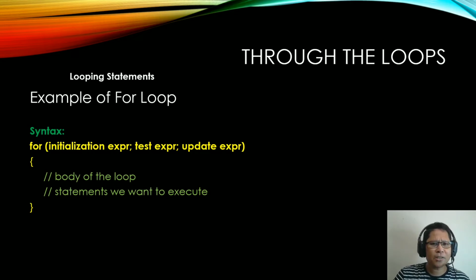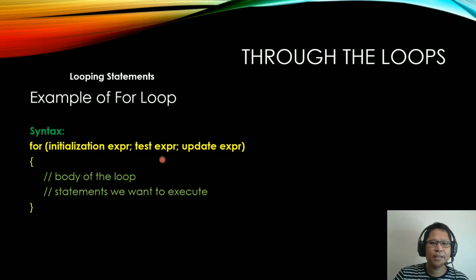In the initialization expression, we have to initialize the loop counter to some value. For example, we initialize i equals 1, just like that. The test expression, we also call the condition.